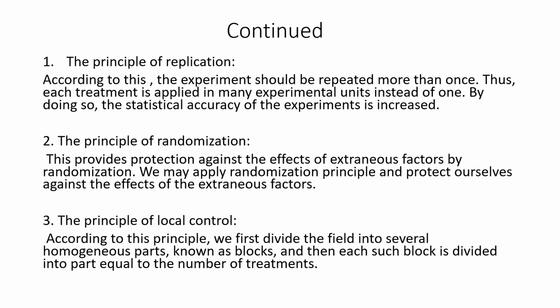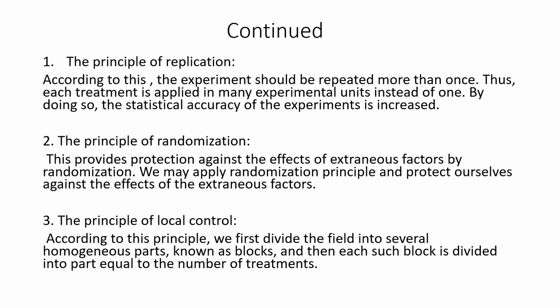The principle of randomization. This provides protection against the effects of extraneous factors by randomization. Randomization means we select the participants by using random sampling techniques. There are different criteria or formulas, and by using those formulas or criteria, we do the random sampling.